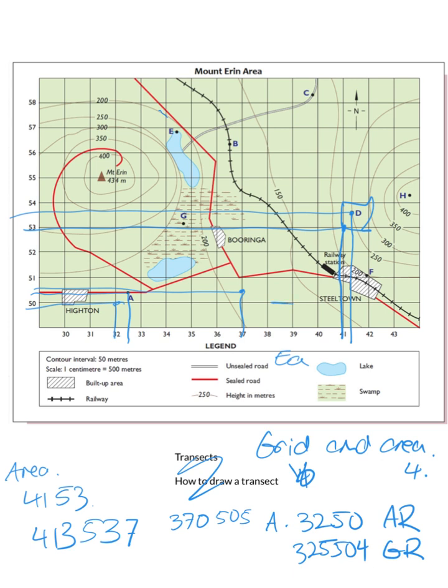Again, if it's on the line, it's from the bottom left hand corner. So if you're then drawing that box like that, this line here would be associated with 38.50. Okay, so hopefully that jogs your memory on how to do grid and area reference.